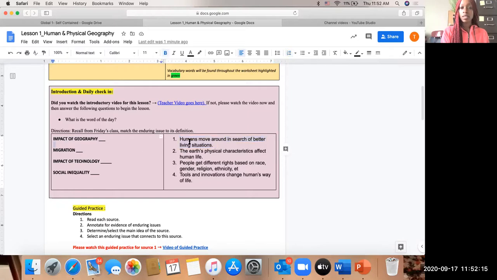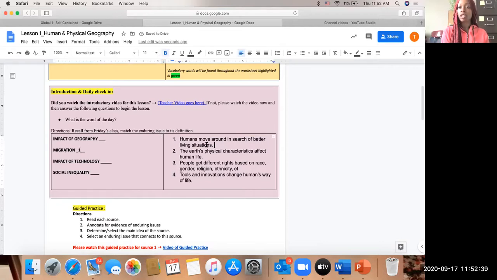Some keywords in this statement for me are humans move around, all right? And what I know of migration is that humans move around. People move around in search of a better living situation or food or whatever, you know? So in my gut, I'm going to go with number one, being an example of migration. So I'm just going to put one there because that's the answer I chose.